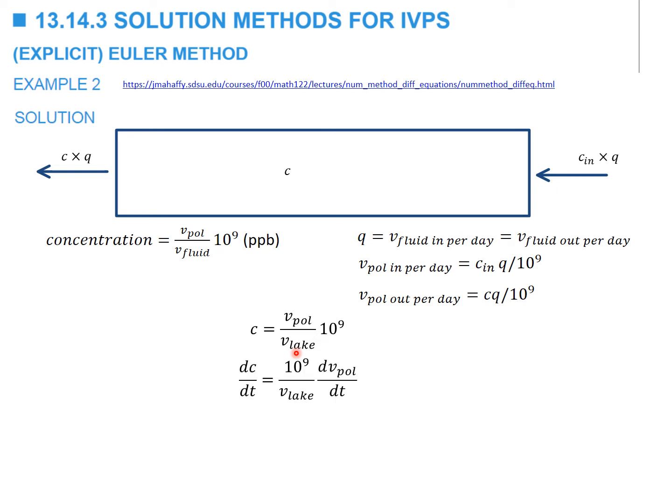The rate of change of the concentration is equal to... the volume of the lake, 10 power 9, is constant, so what changes the concentration is just how the volume of the pollutant changes. So the change of the volume of the pollutant with respect to time is what makes C change with time.